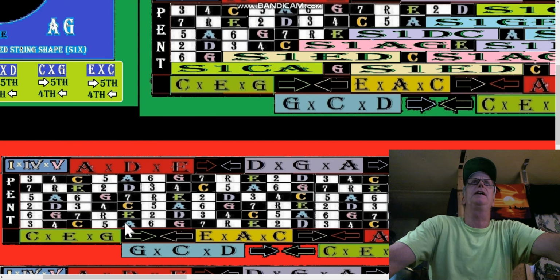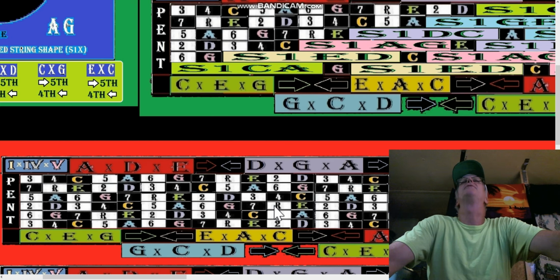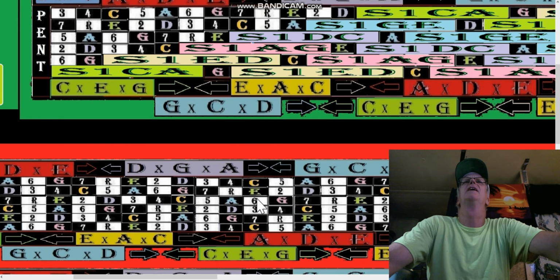So it's CA 3, 4, 5, 6 to ED 7 root 2, 3, 4 to AG 5, 6, 7 root to E. From AG we go to DC 2, 3, 4, 5, 6. And then we go to GE 7 root 2.